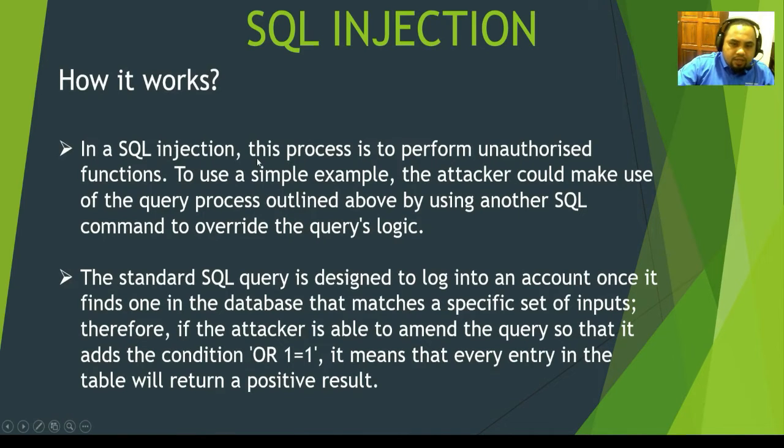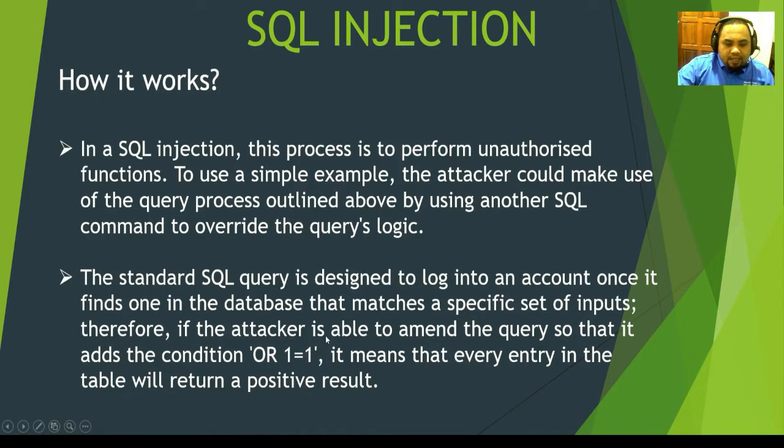Okay, how does SQL injection work? In SQL injection, the process is to perform an unauthorized function. To use a simple example, the attacker could make use of the query process outlined above by using another SQL command to override the query's logic. The standard SQL query is designed to log into an account once it finds one in the database that matches a specific set of input.